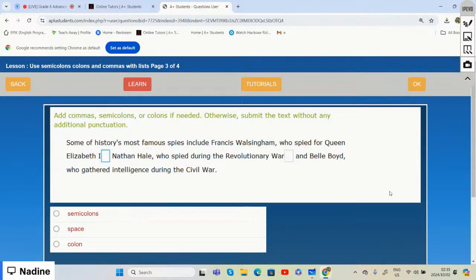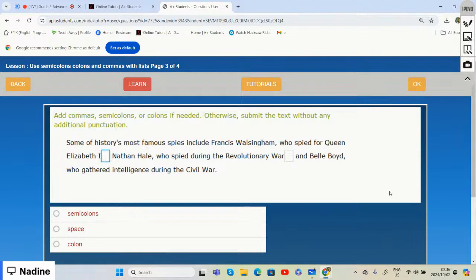It says some of history's most famous spies include Francis Walsingham, who spied for Queen Elizabeth I, Nathan Hale, who spied during the Revolutionary War, and Belle Boyd, who gathered intelligence during the Civil War.